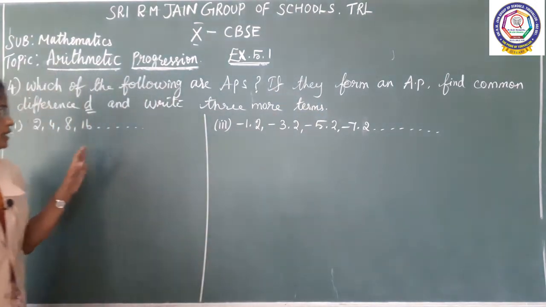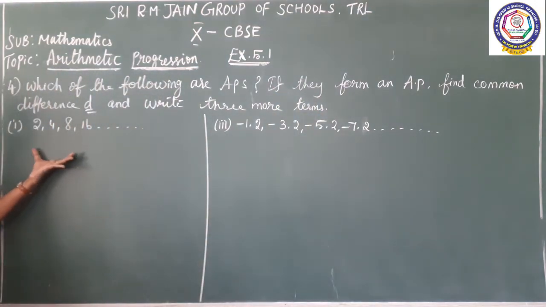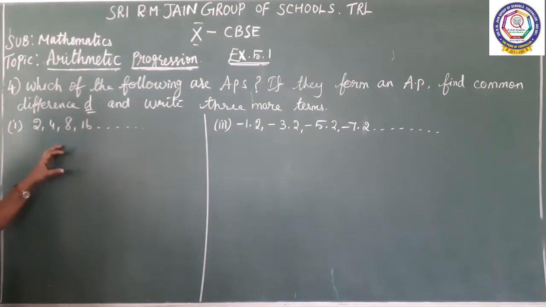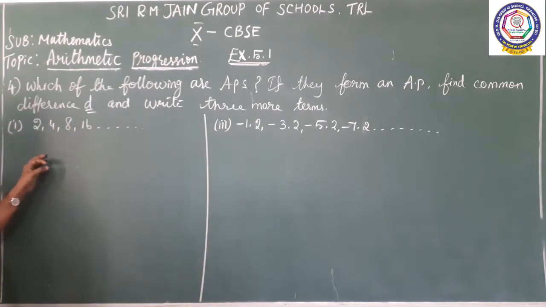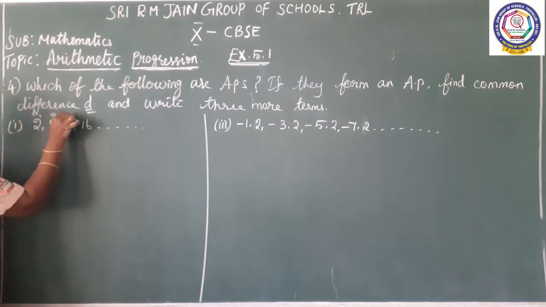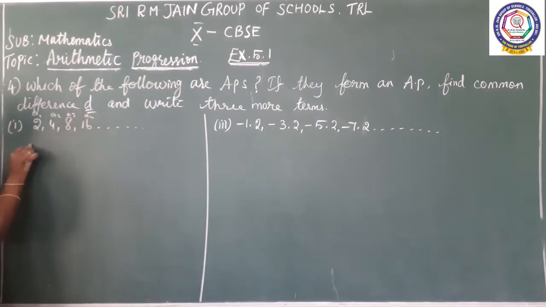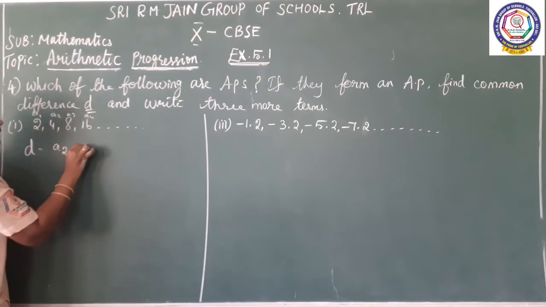So first I am going to check whether it is an AP or not. How can you check? We have to find the common difference. We know that it is the second term minus first term. So here I am going to take a1, a2, a3, a4. So how can you find the common difference? Second term minus first term, that is a2 minus a1.